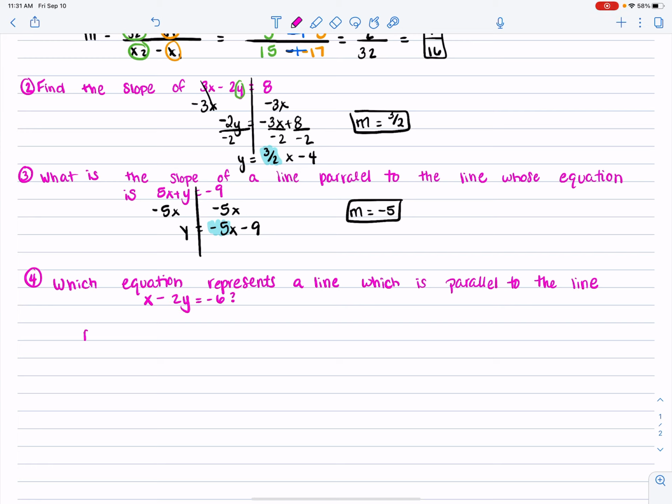Okay, we have some answer choices. A, y equals negative 1/2 x plus 7. B, y equals 2x plus 3. C, y equals negative 2x plus 6. And D, y equals 1/2 x plus 1.